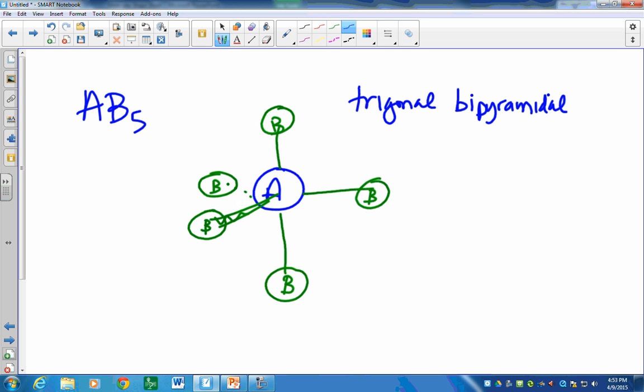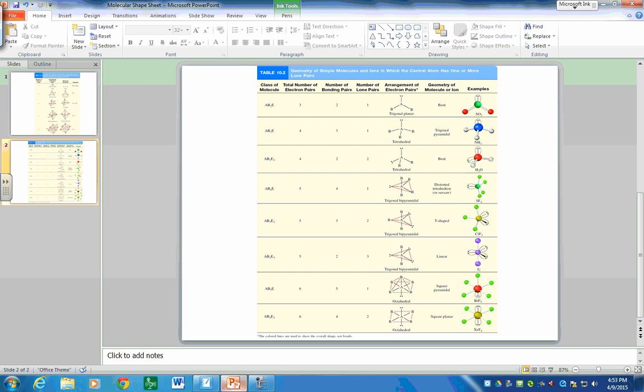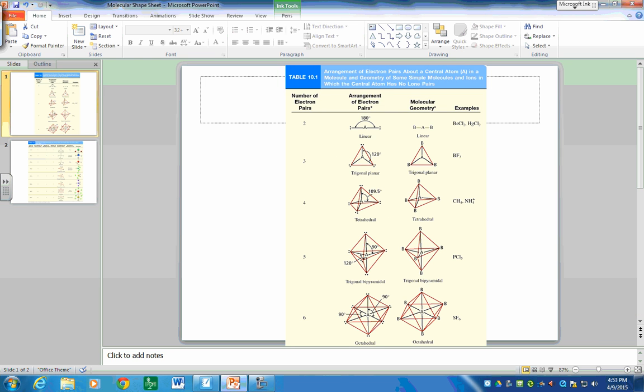But the thing about AB5 is it has 2 bond angles. It has 90, but then the equatorial ones are 120. And if I go back to this sheet, you can see that when AB5 is the only shape, it's the 1, 2, 3, 4 shape, because you can't see where I'm pointing, that has 2 bond angles, 90 and 120.